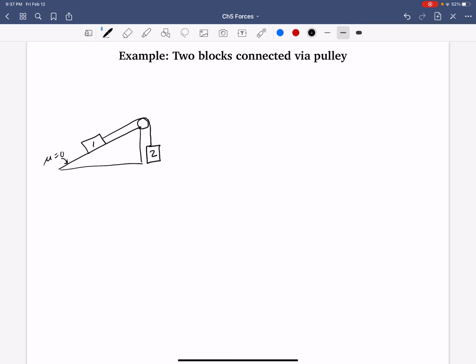So if I give you the masses, let's say mass 1 is 8 kilograms and mass 2 is 22 kilograms, your instincts should tell you that mass 2 should accelerate down and mass 1 will accelerate up the ramp. I also should specify the angle. Let's say that is 30 degrees.